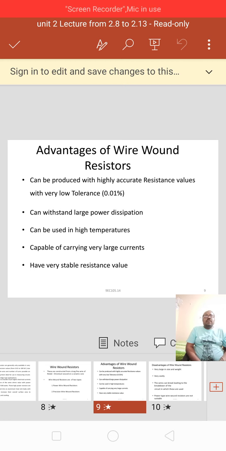These are the advantages of wire wound resistors, and we already learned them in earlier slides.